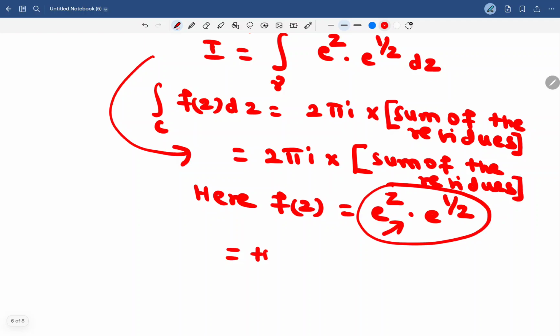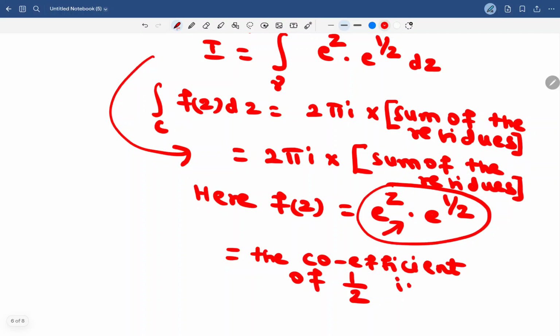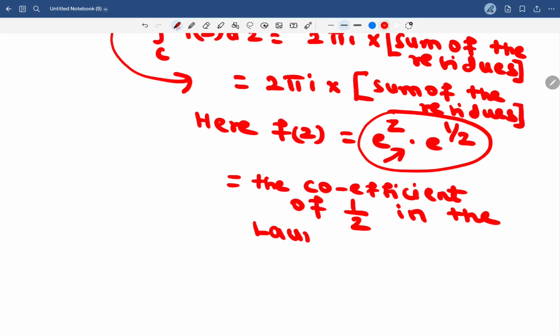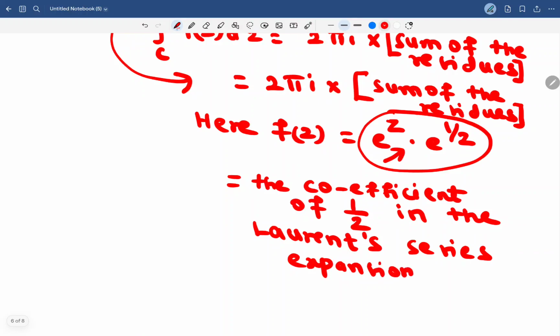For finding the residue for e power z into e power 1 by z, we know very well this is nothing but the coefficient of 1 by z in the Laurent series expansion of e power z into e power 1 by z.